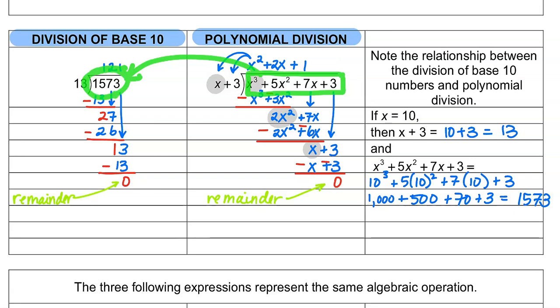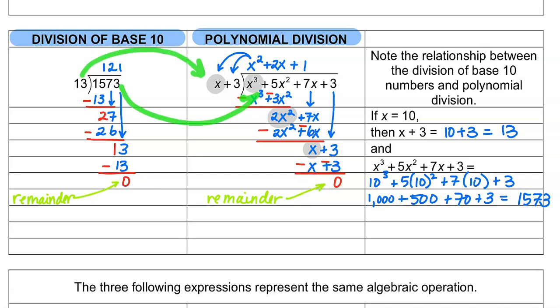You guys see that? So now we have this relationship, right? The divisors when x is 10 match. The dividends when x is 10 match, right? But notice that we don't stop there. Wasn't the answer of our polynomial division x squared plus 2x plus 1? What does that equal when we put 10 in?